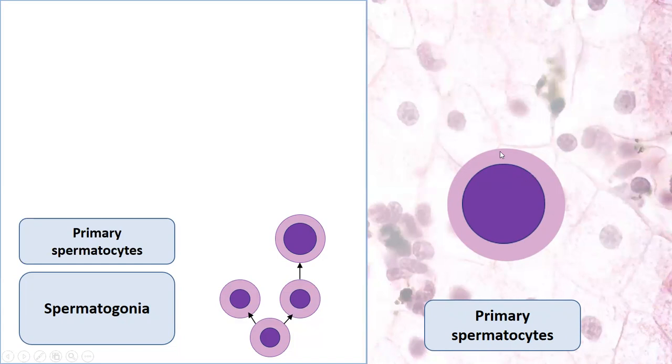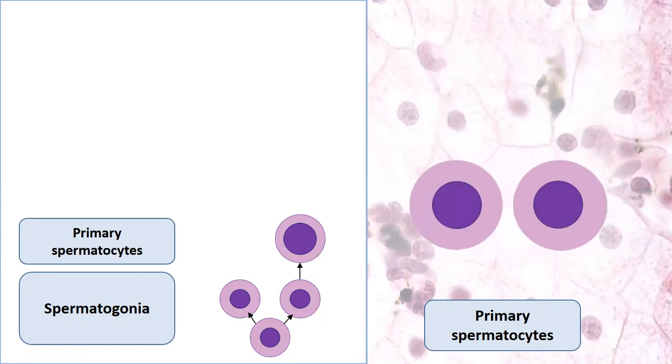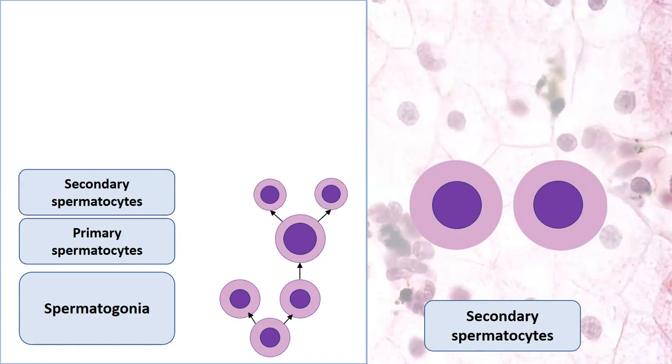After that, primary spermatocytes enter the first meiotic division. Spermatogonia undergo mitotic divisions as usual somatic cells, and primary spermatocytes enter the first meiotic division. It's easy to remember. The result of this division is the formation of two secondary spermatocytes. It's the result of the first meiotic division.